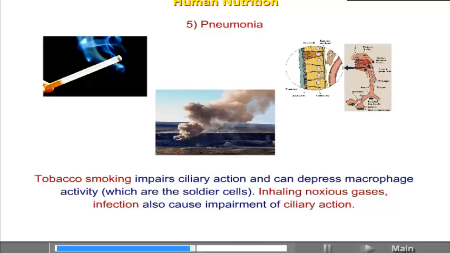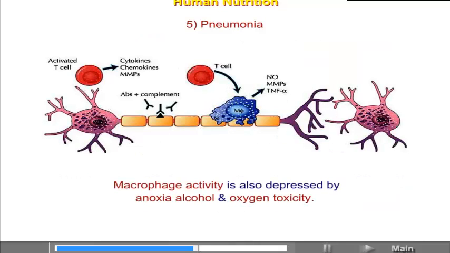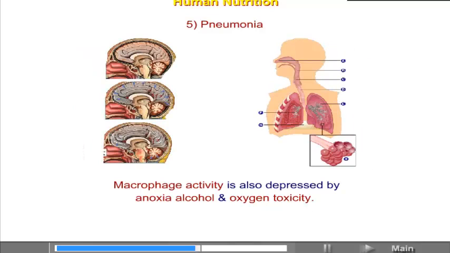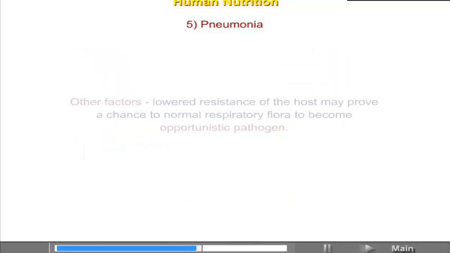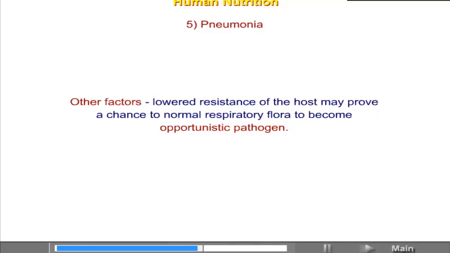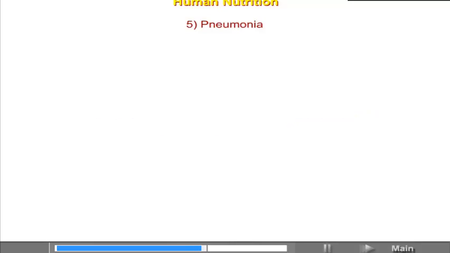Inhaling noxious gases, infection also cause impairment of ciliary action. Macrophage activity is also depressed by anoxia, alcohol, and oxygen toxicity. Other factors: lowered resistance of the host may give a chance to normal respiratory flora to become opportunistic pathogen.